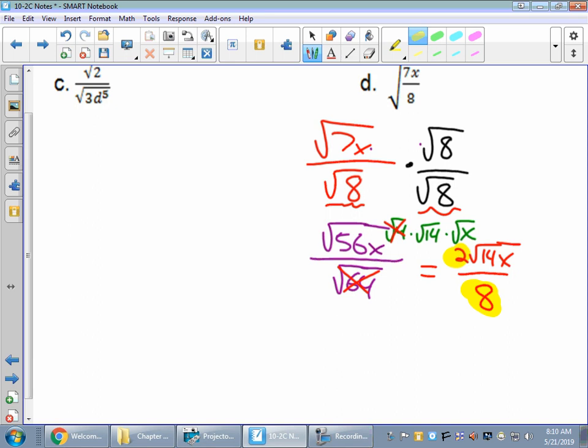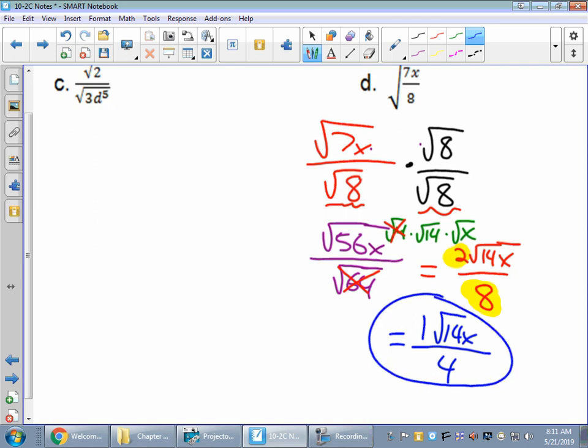So we can simplify that. 2/8 would reduce down to 1/4. So it'd be 1 times the square root of 14x over 4, because 2/8 reduces to 1/4. Now, I won't need to write this 1 down all the time, but in this case, I just did here, but you could leave it out and just put square root of 14x over 4.